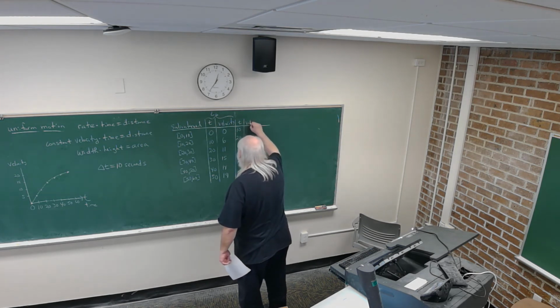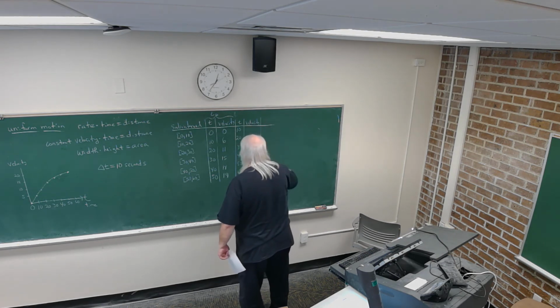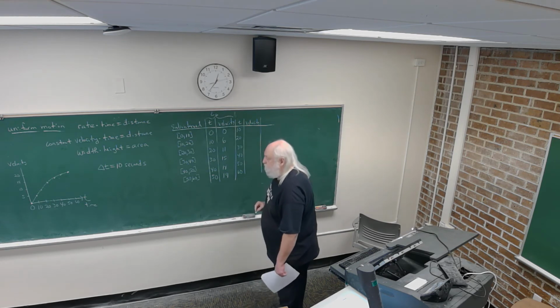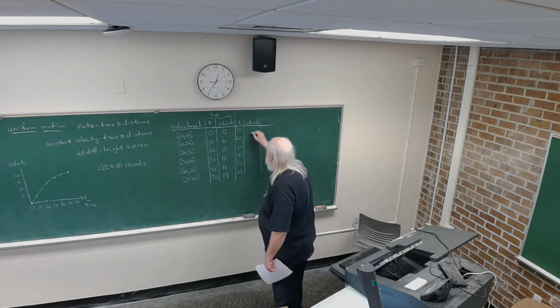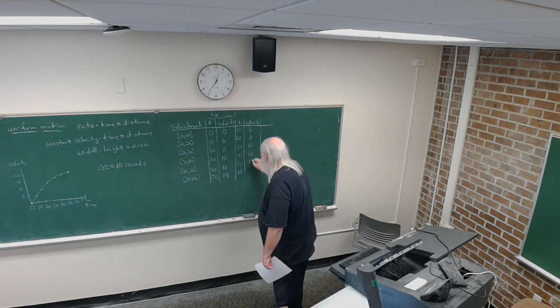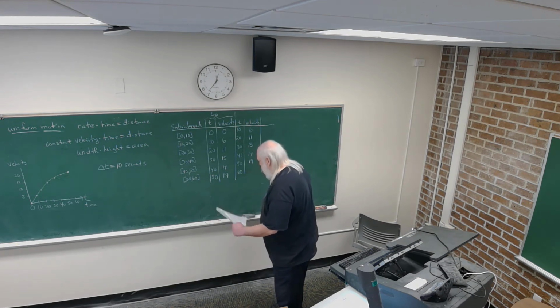And then the corresponding velocity. At t equals 10, the velocity is 6. At t equals 20, it's 11. We have 15, we have 18, we have 19, and then we have 20.